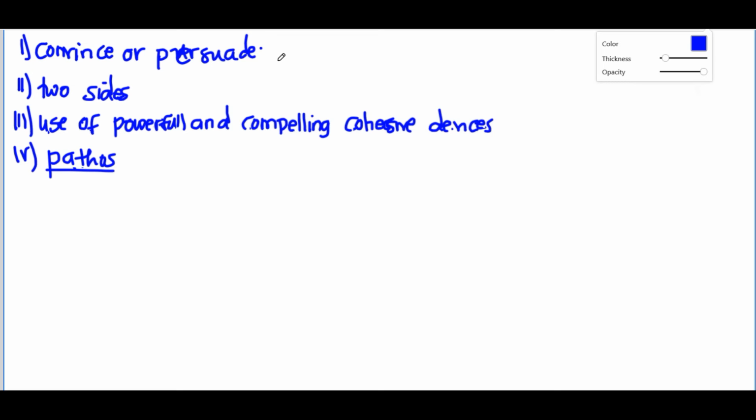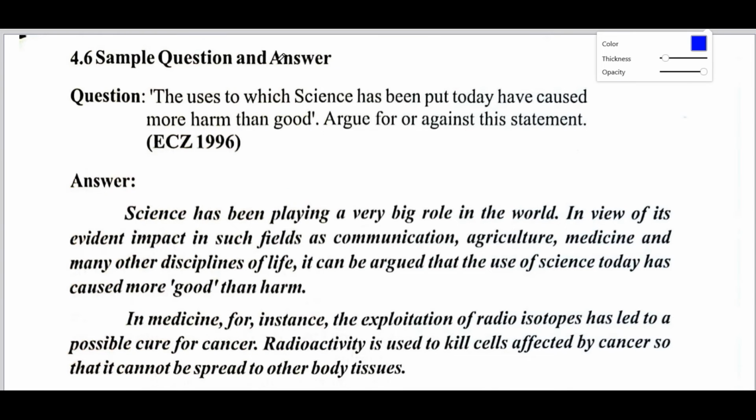Now let's look at an example so that we can have more insight on this. So we have a sample question and answer. The question here is, the uses to which science has been put today have caused more harm than good. Argue for or against this statement.